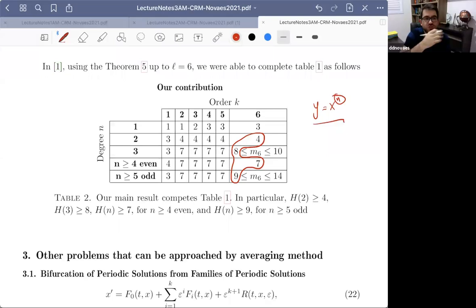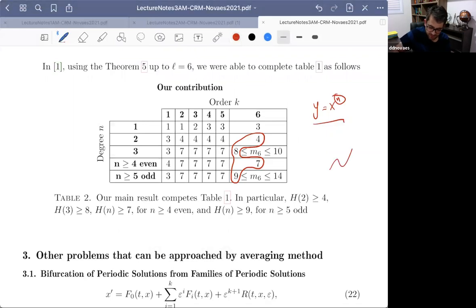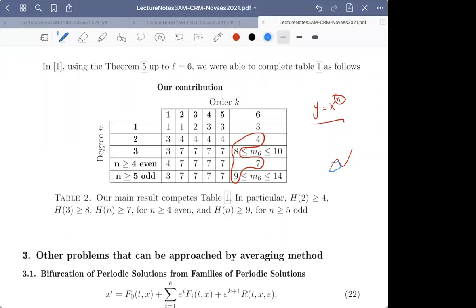Sorry, you just consider an algebraic curve of a fixed order, because in this case the orbits of the unperturbed system could eventually intersect this curve several times. Yes, this is the problem that Jaume explained this morning, that you need to control something more.